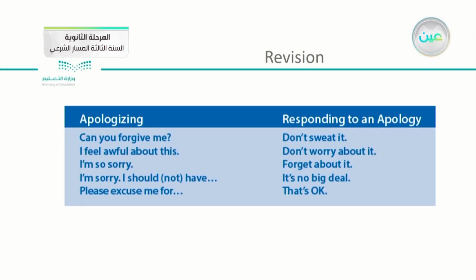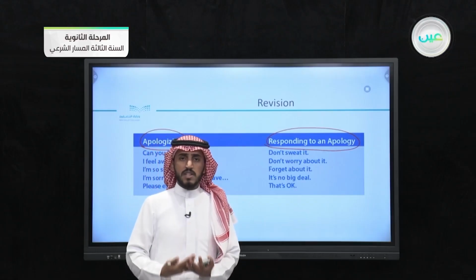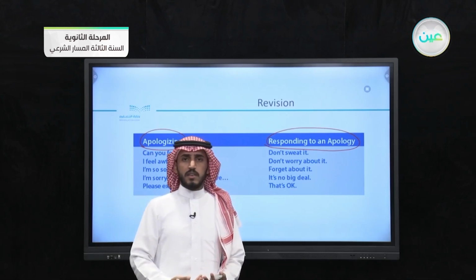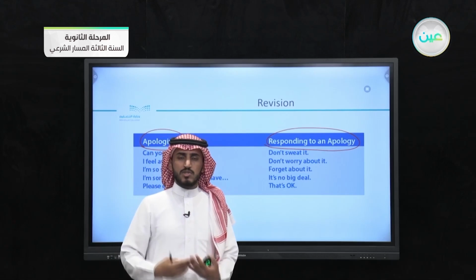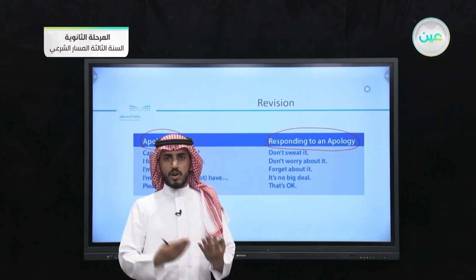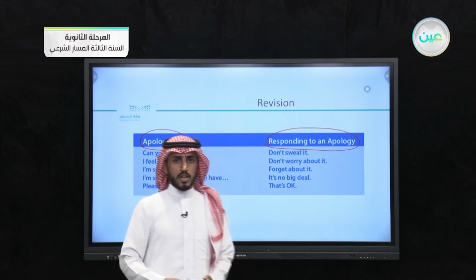After that, we have apologizing and responding to an apology. We talked about the word apologizing. It means when you make a mistake, you go to people and apologize. You say, I'm sorry, I've done something wrong, and so on. There are many ways to say that you are sorry.